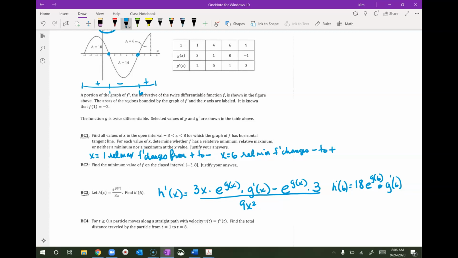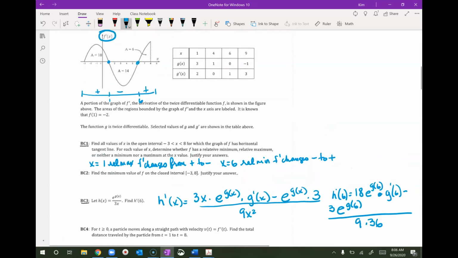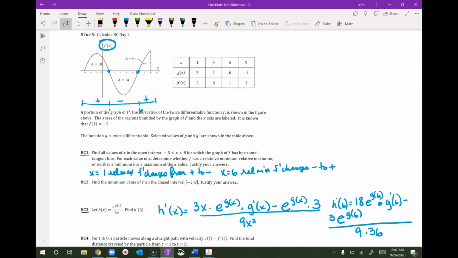Minus e to the g of 6 times 3 all over 9 times 36. And trust me, I'm going to leave it as 9 times 36. All right, let's go to the chart. G of 6 is 0. G prime of 6 is 1.